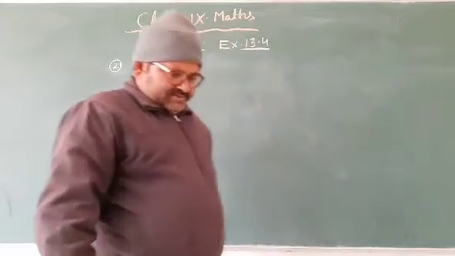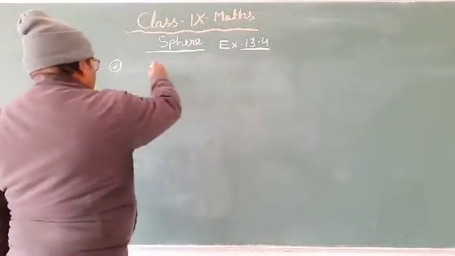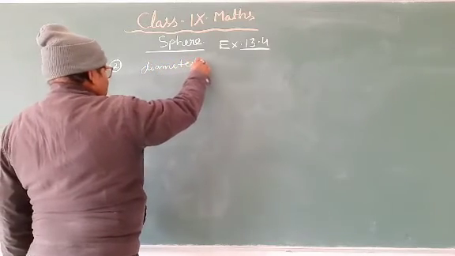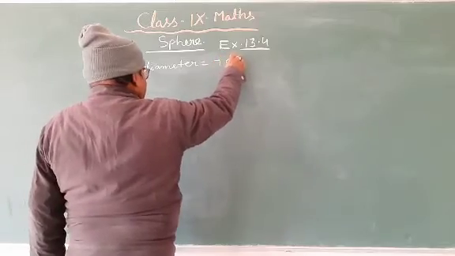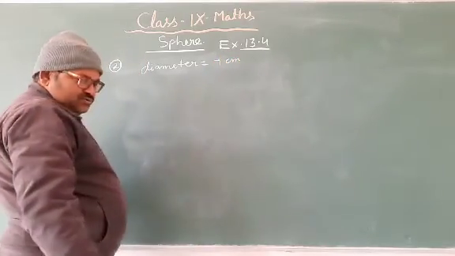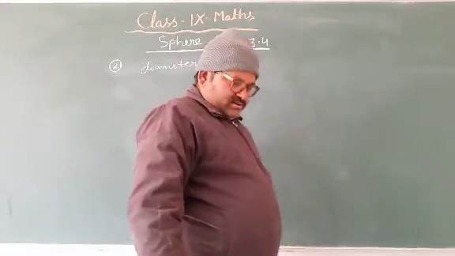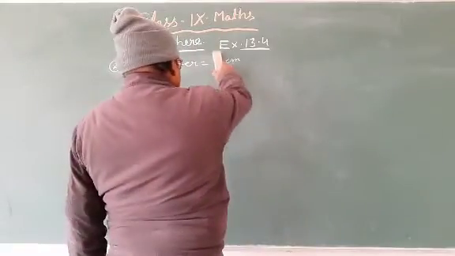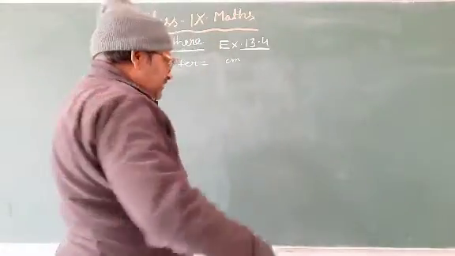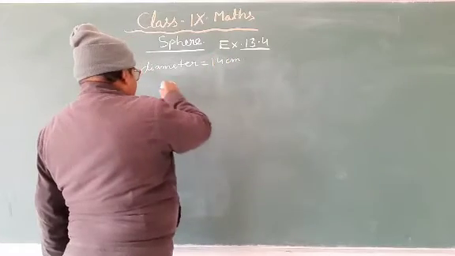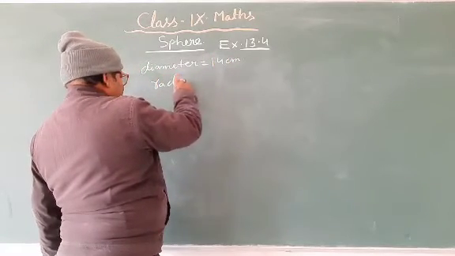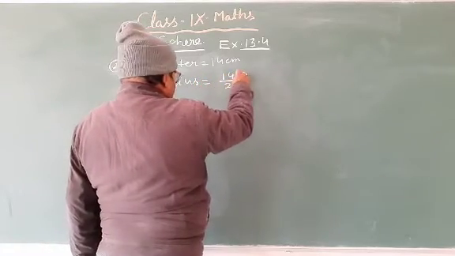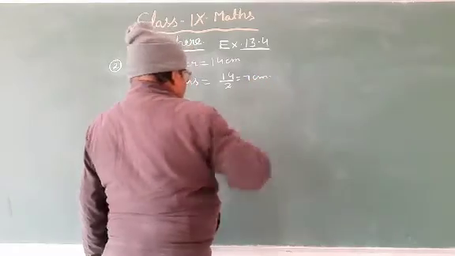Diameter 14 centimeter. So the radius is equal to 14 by 2, equal to 7 centimeter.